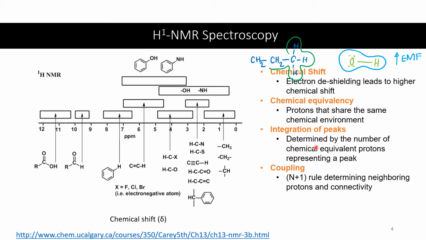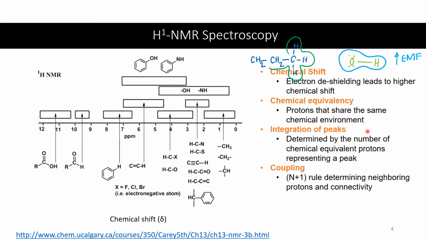Then the integration of peaks gives us the number of protons represented by each peak. Sometimes the number is directly linked to the molecular formula you're given, but sometimes you will be given the ratio. Then you will have to see how many protons there are based on the molecular formula.